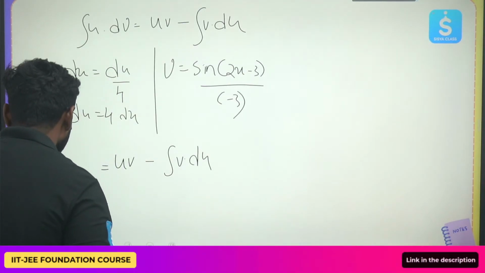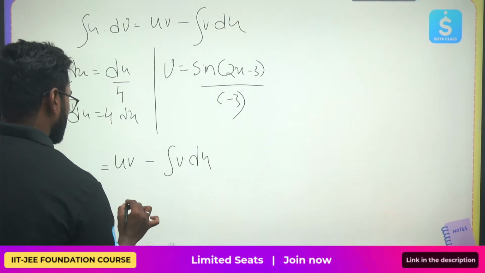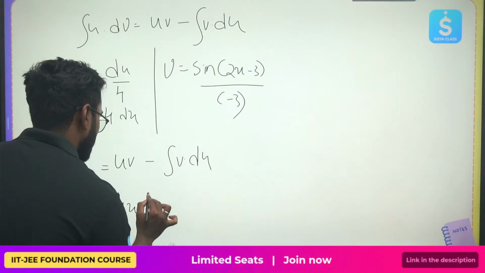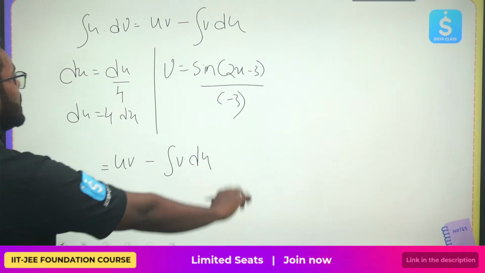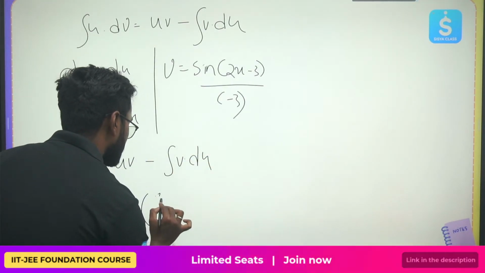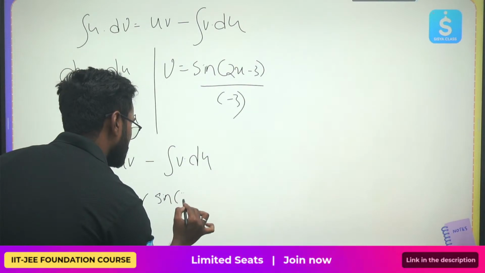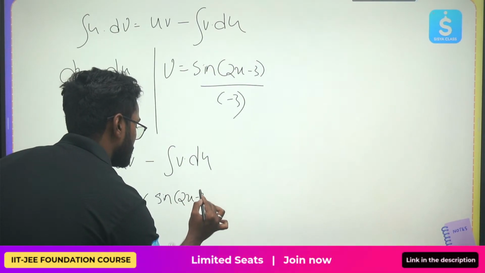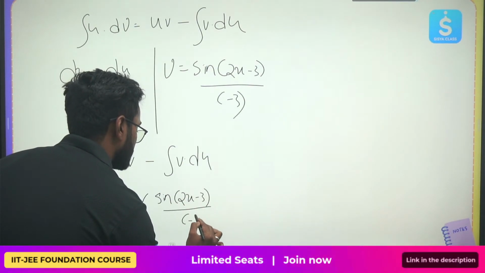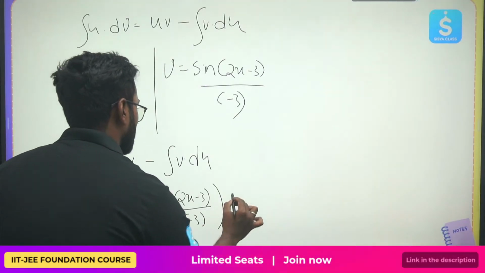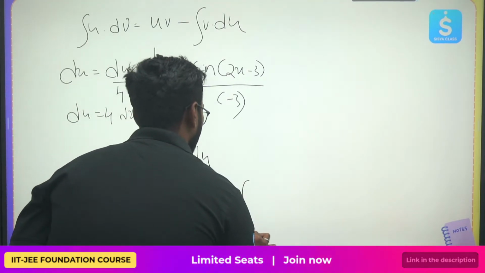What we have considered is u equals 4x, into v. What is v? We have got it as sin(2 minus 3x) by minus 3, minus the integral of v du.